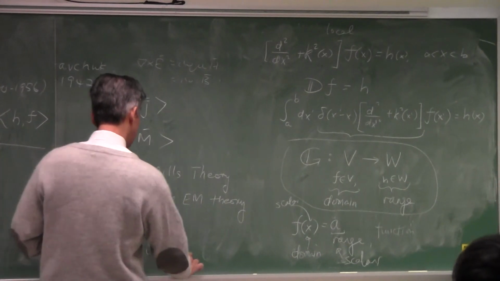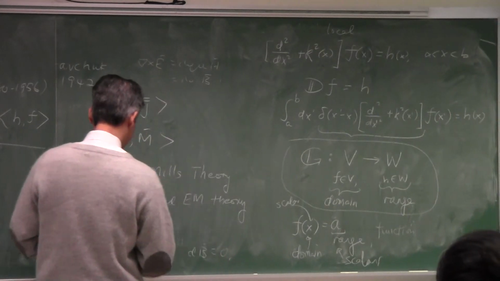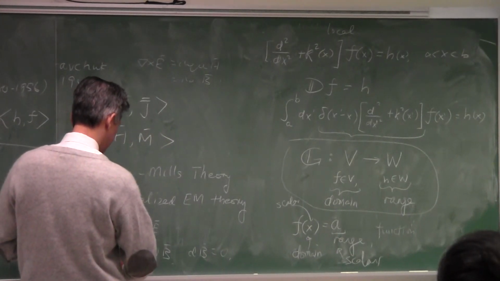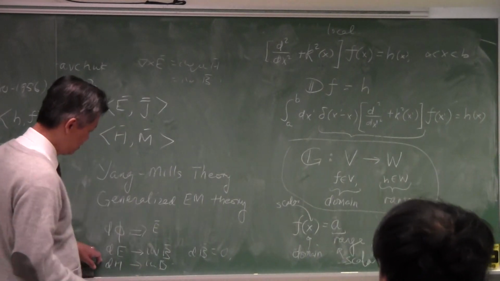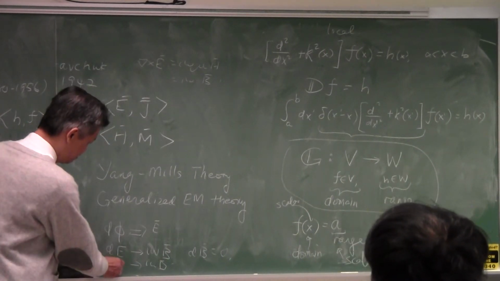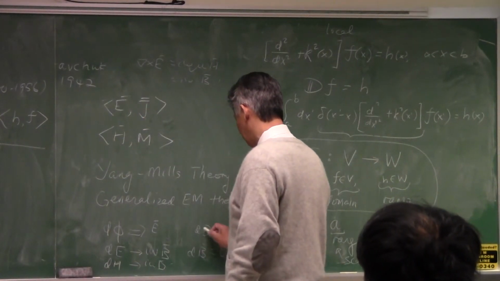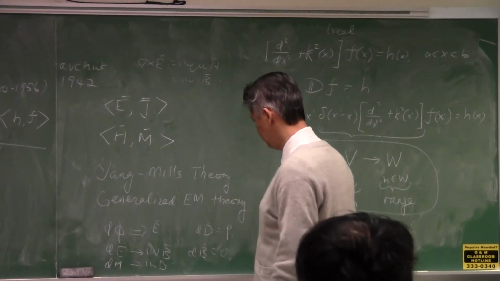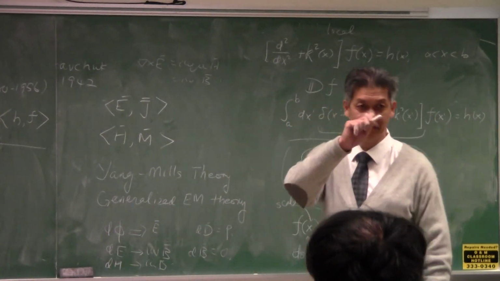And then if you differentiate one more time, you get 0. If this happens to be H, you differentiate one more time, you get D. Same mathematical operator, very interestingly. Okay? And then if you differentiate D one more time, you get the charge. Okay? These are all mathematically the same object, defined the same way.